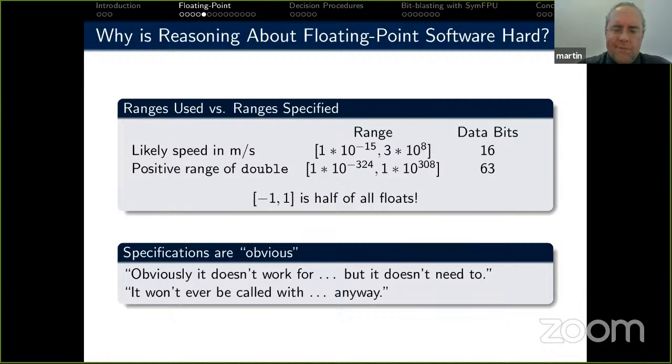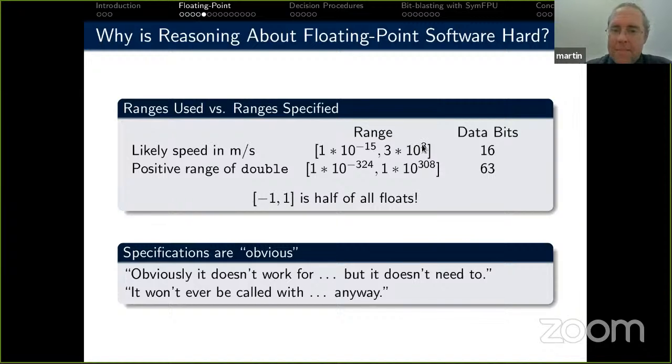Well, in theory, that means that you've got 63 bits to think about. In practice, I think you've actually probably only got 16. So the range of positive doubles is something like this, okay? Then consider the ranges of the speed that your car will probably be going at.